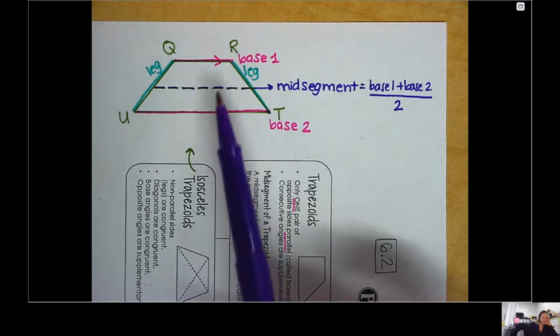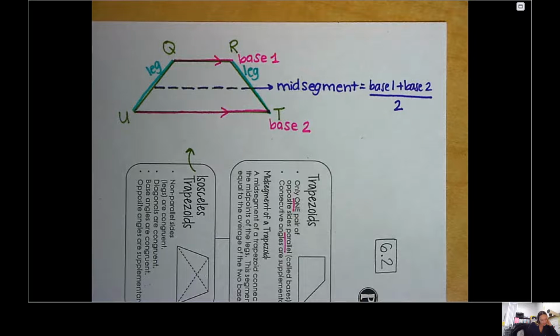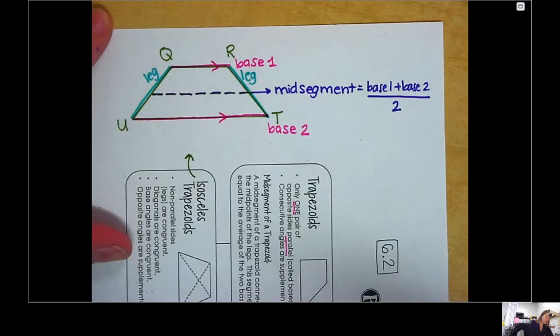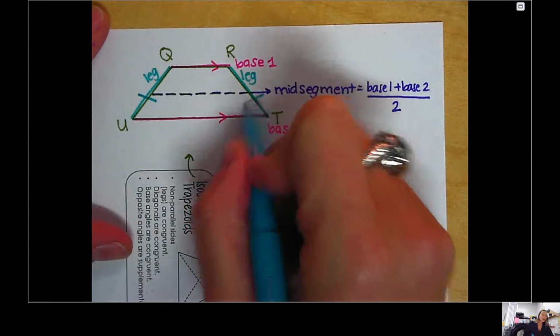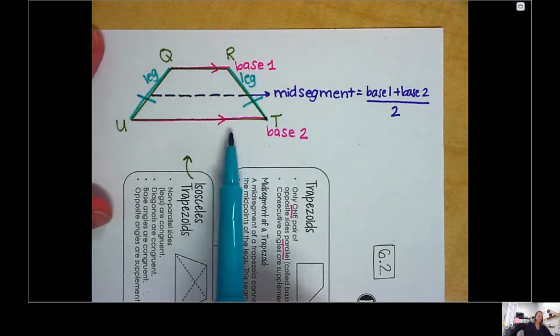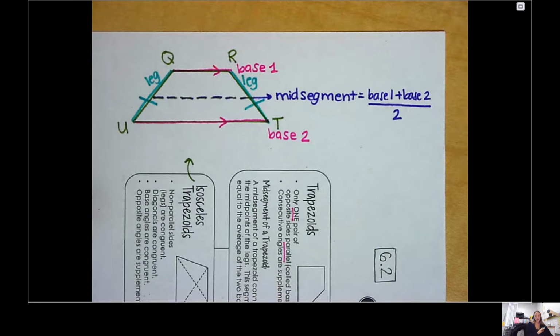Now, this picture here is called an isosceles trapezoid. In this picture, my legs, these two sides, are congruent, so I'm going to put a tick mark to show that those two sides are congruent. Obviously, QR and UT, the bases, are not congruent. One's very long, the other one's very short.